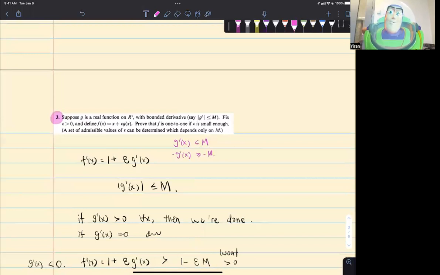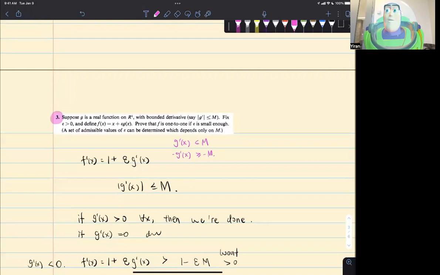When you look at this problem, you first wonder what the definition of 1 to 1 is. The definition is that one value on the X axis corresponds to one value on the Y axis. You can prove this, but F is 1 to 1 if and only if F is strictly monotonic.